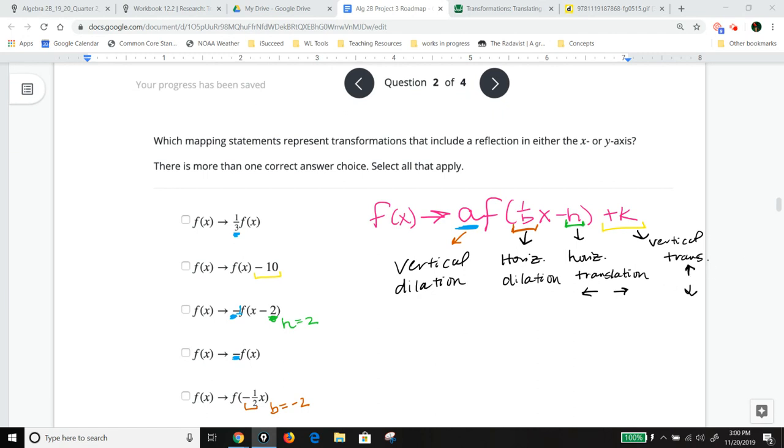So what we want to do in question 2 is identify which of these has a reflection over the x or the y axis. So I could dilate either up or down, but anytime a is a negative, that is going to be a flip upside down. In other words, it's going to be a reflection over the x-axis.